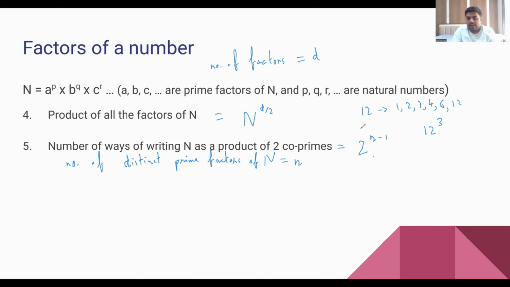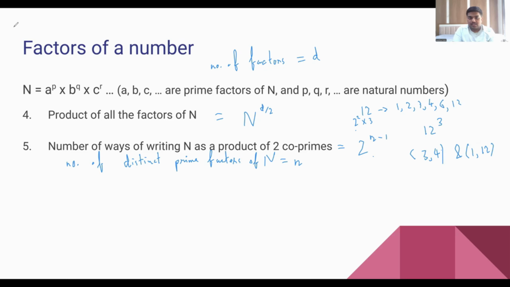So see, 12 is 2 square into 3. The number of factors is 6, and the number of distinct prime factors is 2, that is 2 and 3. So 2 to the power 2 minus 1, which is 2. And the pairs will be 3 and 4, and 1 and 12. So these are two co-prime pairs and their multiplication is also 12.